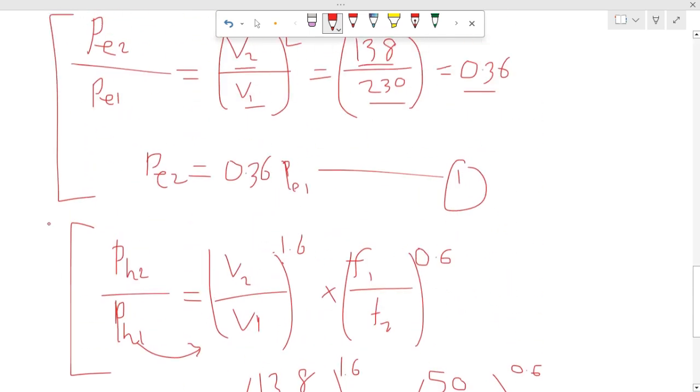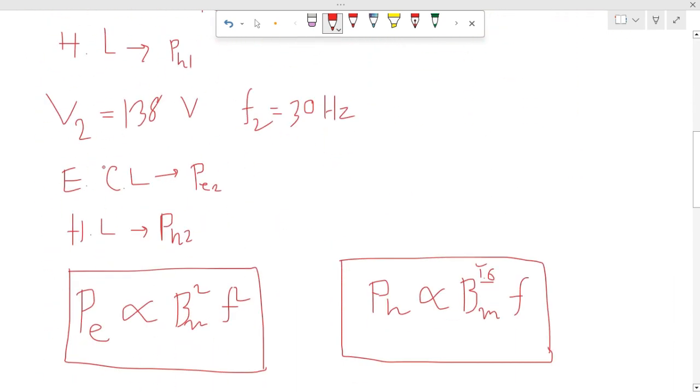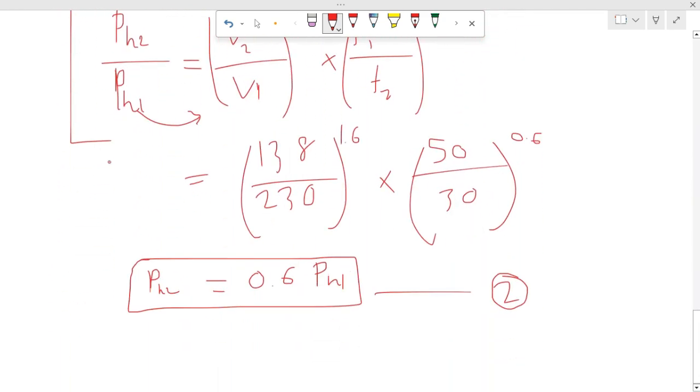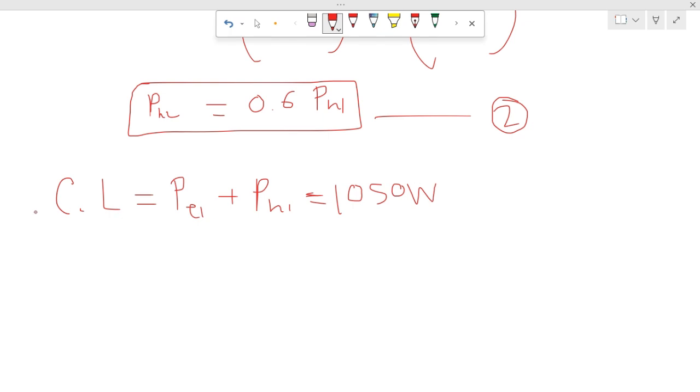Now, what is given? The hysteresis and eddy current losses of the transformer for 230 volt and 50 hertz input. Here I am just writing the same thing: the core loss is PE1 plus PH1 equal to 1050 watt, as the question mentioned at first.